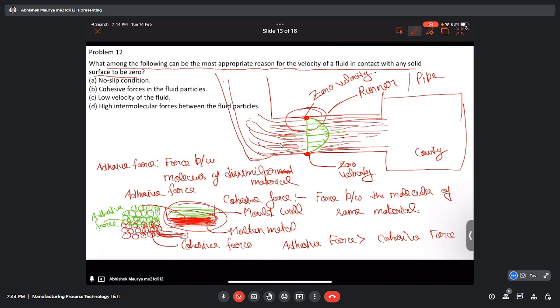This zero velocity condition is called the no slip condition, and it occurs because of strong adhesive forces.